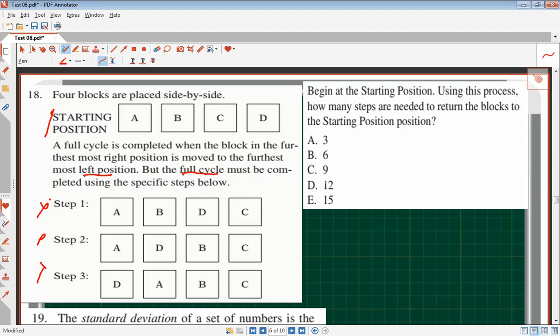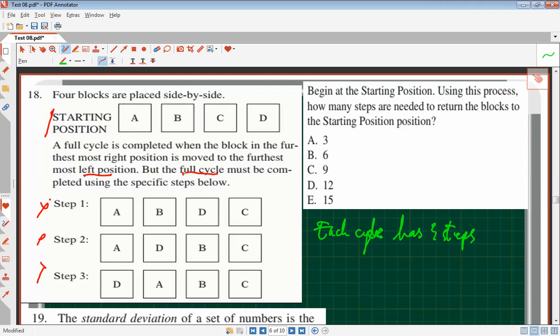Each cycle, oh, this question is not easy. Each cycle has the 3 steps. There are 4 blocks.